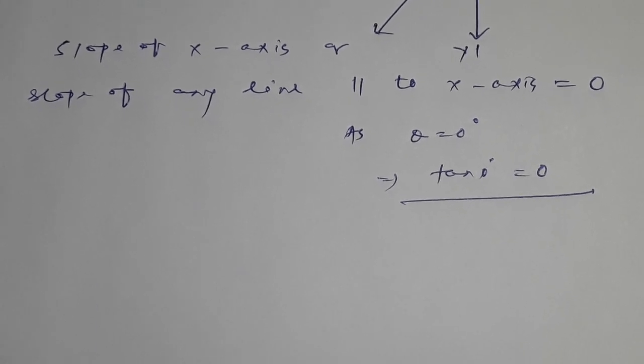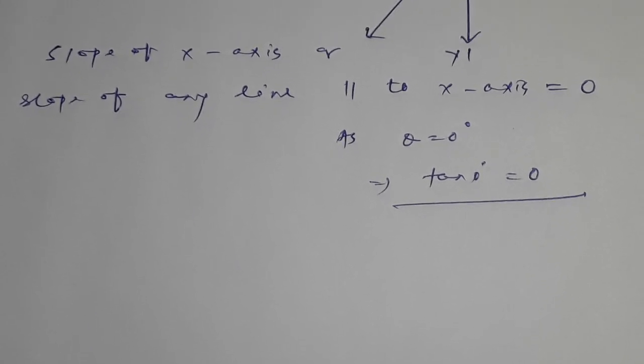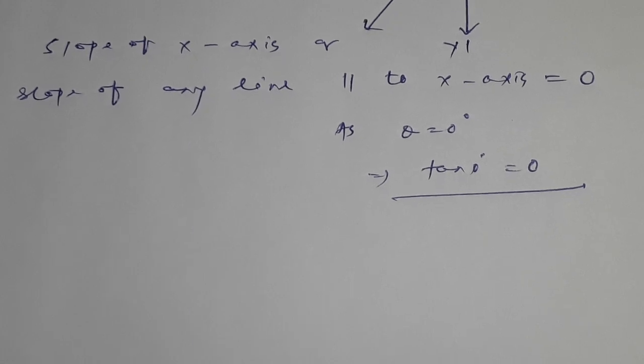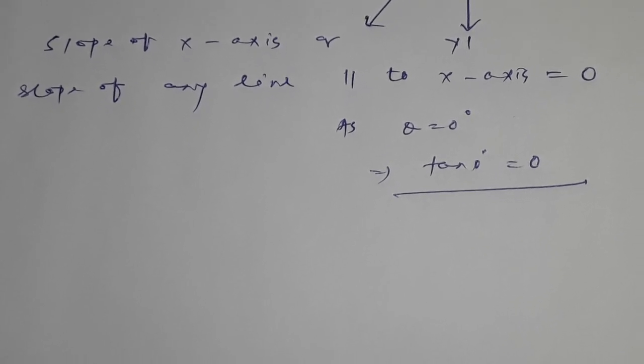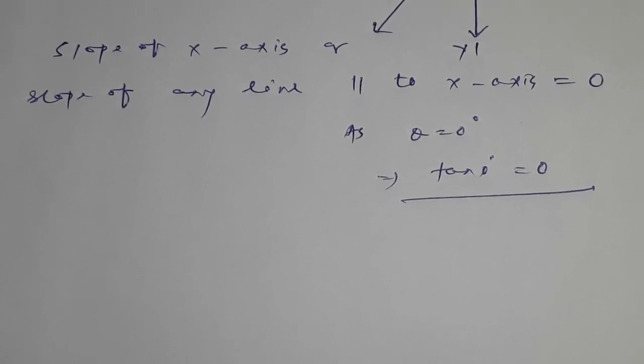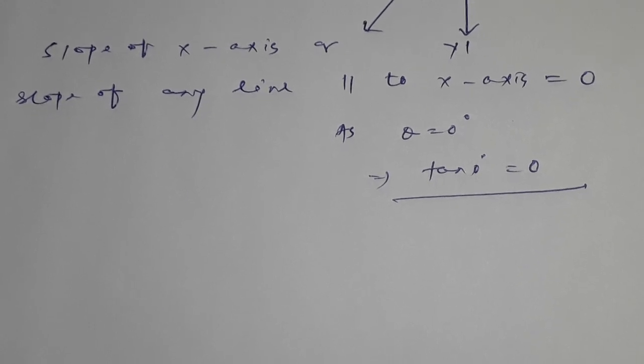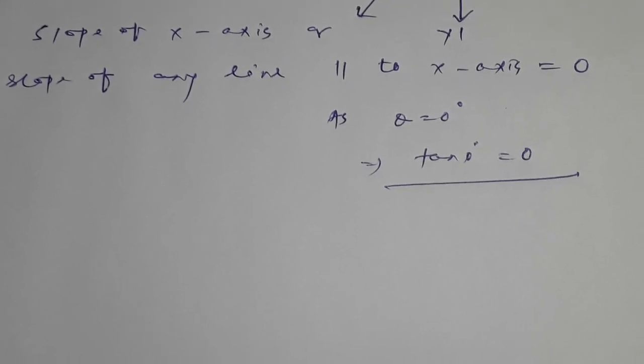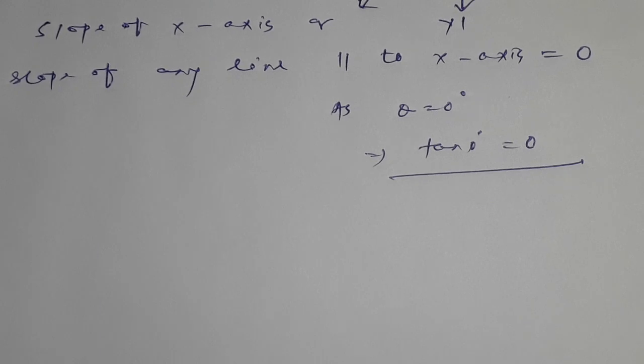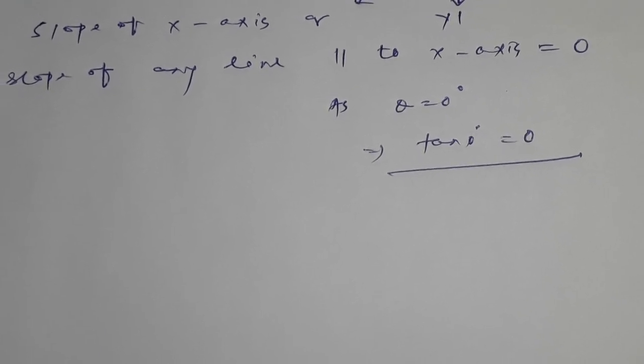Again, a line perpendicular to x-axis or parallel to y-axis makes an angle of 90 degree with x-axis. Therefore, its slope is tan pi by 2 equals infinite.